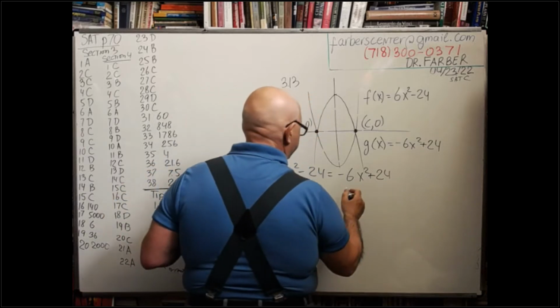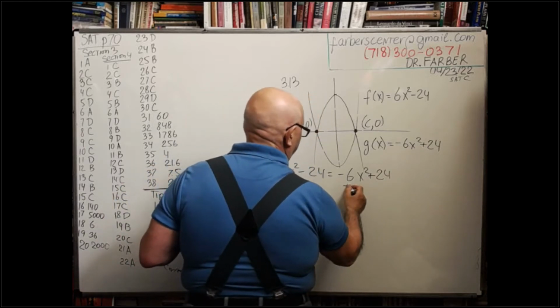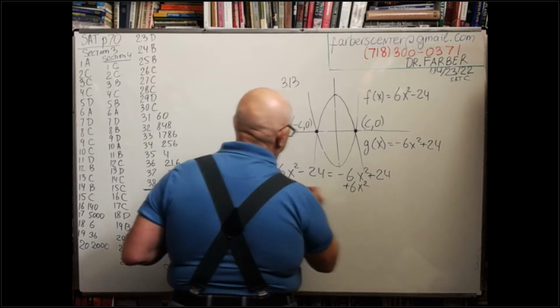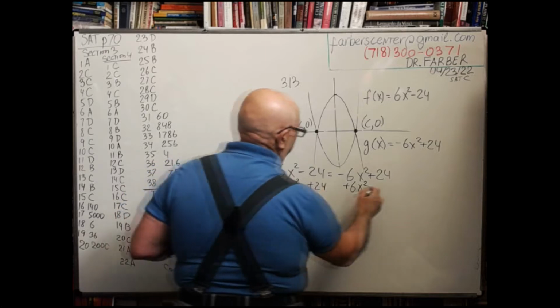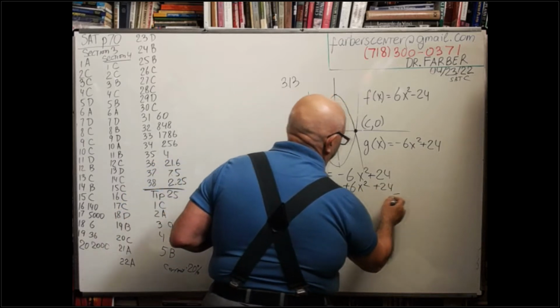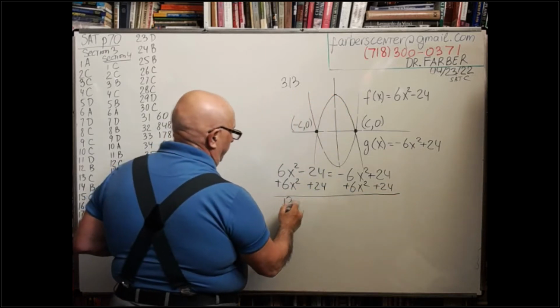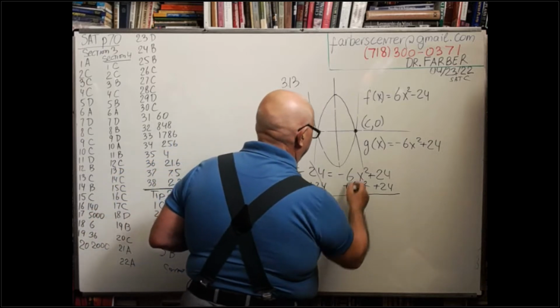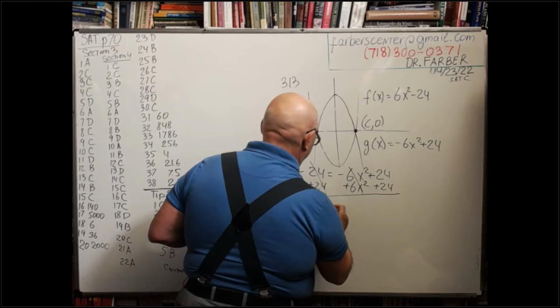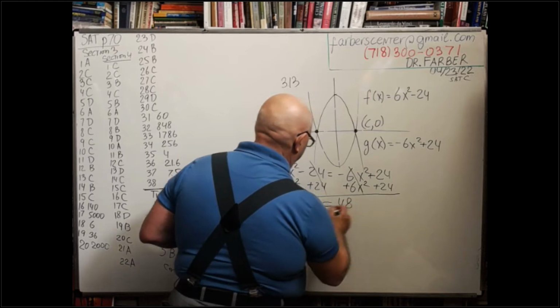Now plus 6x squared and plus 6x squared, plus 24 and plus 24. You have 12x squared equals 48.